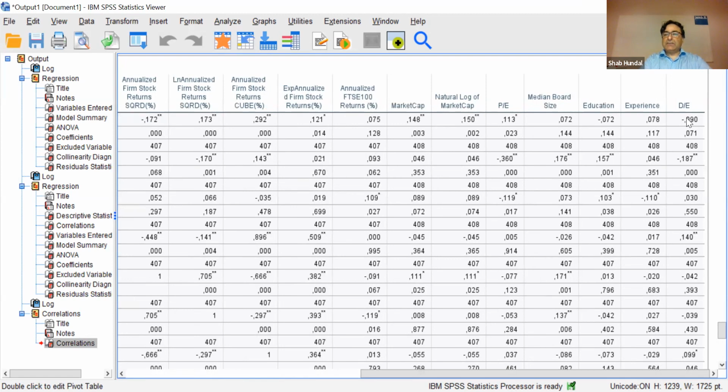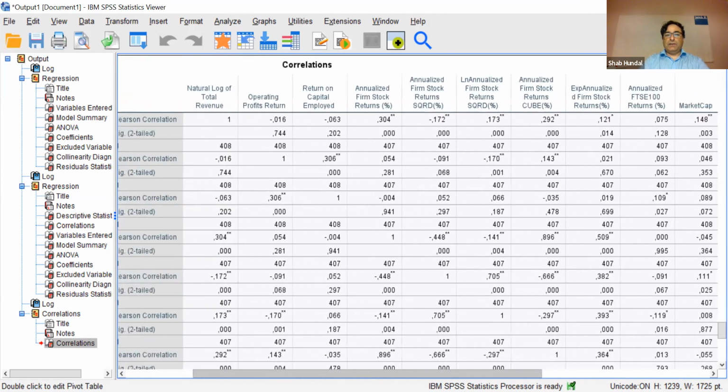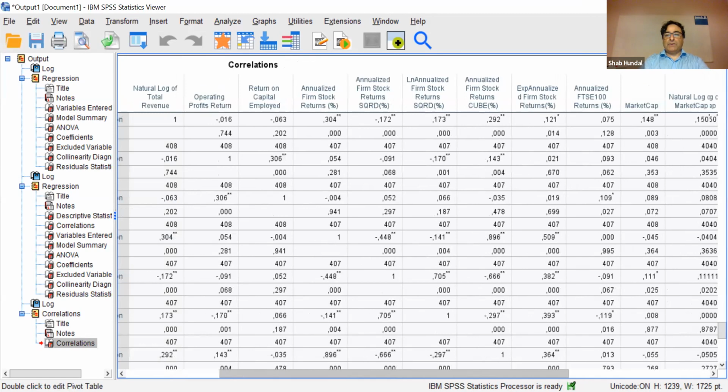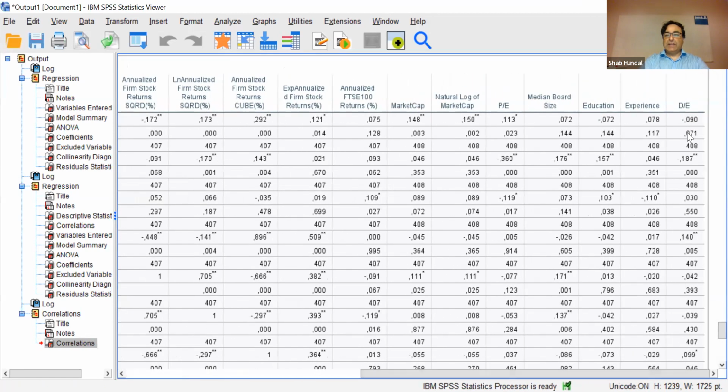You can see here the D to E ratio is the dependent variable, and the correlation between D to E and the natural log of total revenue is insignificant. It means the correlation between Y and the X1 variable is low.